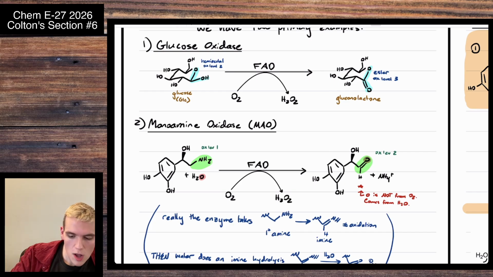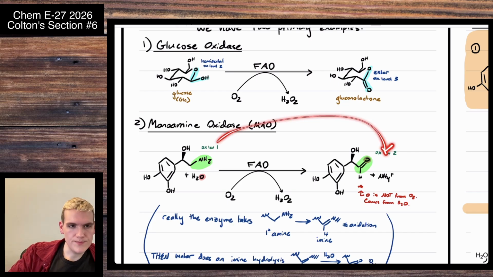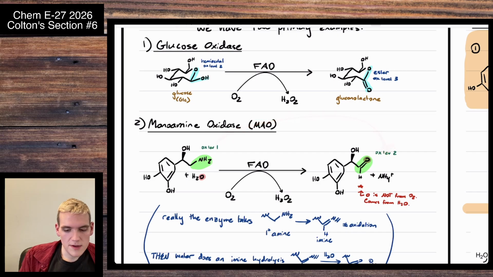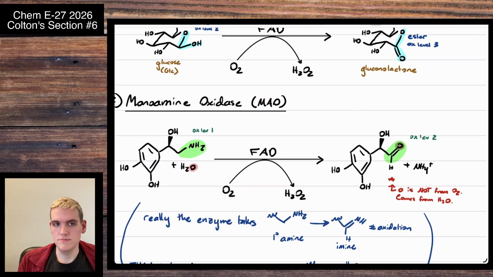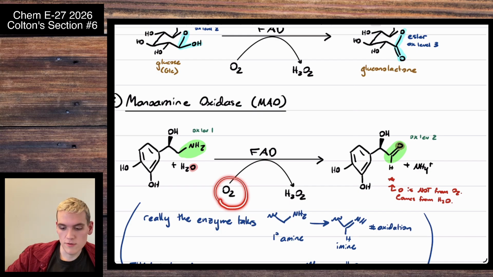So we are oxidizing, so oxidase, sure. But if I were you, I'd be like, Colton, wait, we just said that we are not incorporating an oxygen in the product, and very clearly there is an oxygen right here, and then somehow a nitrogen has left. To which I'd say, student, that's a really valid observation, but what you're not seeing is that both the oxygens in O2 wound up in H2O2. They're right there. And where did this oxygen come from?